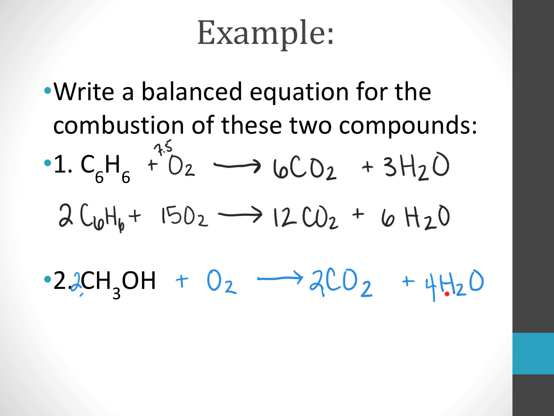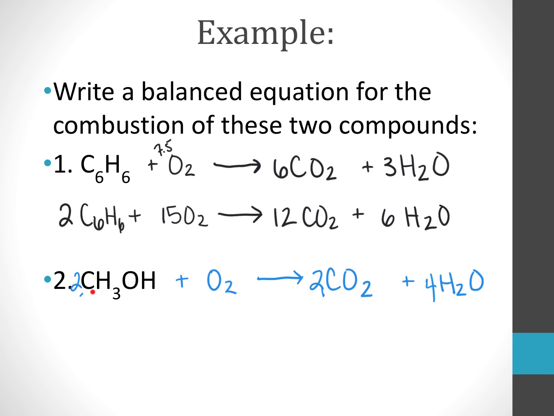Now I have 4 times 2, so I have 8 hydrogens. Now I have to count up the oxygens. I have 2 oxygens here and 2 oxygens here, so 4 total. Then I have 2 times 2 is 4 and another 4, so 8 total. So in order to get this side to 8, I have 2 here.